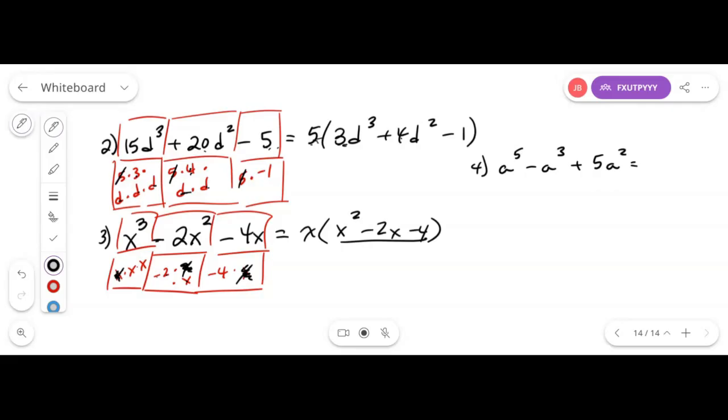So for number 4, we have a to the 5th minus a cubed plus 5a squared. What can I take out of all three boxes?